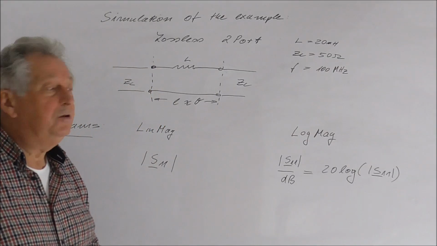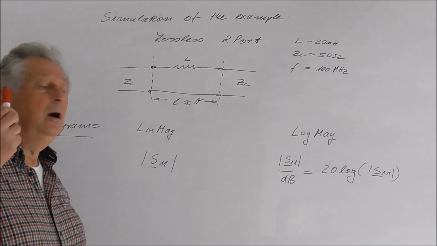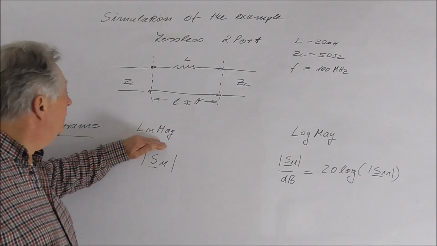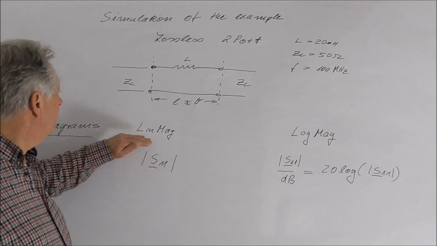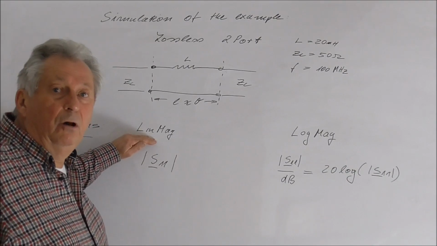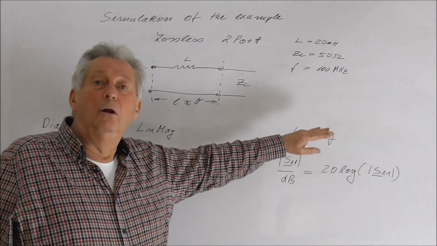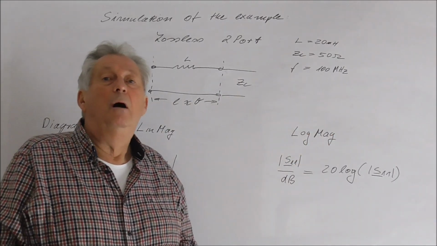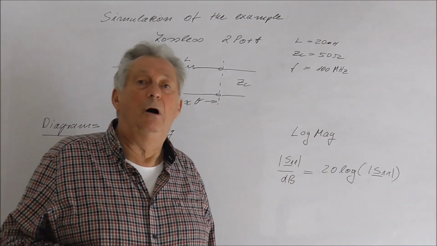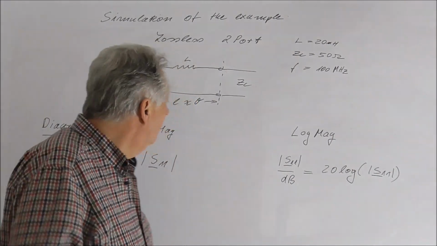If we do the simulation, in our simulation program we have at least these two diagrams or charts. One diagram is called LinMag and one diagram is called the LogMag diagram. These are normal diagrams which are also available in commercial network analyzers.